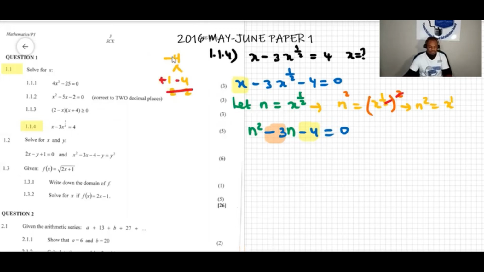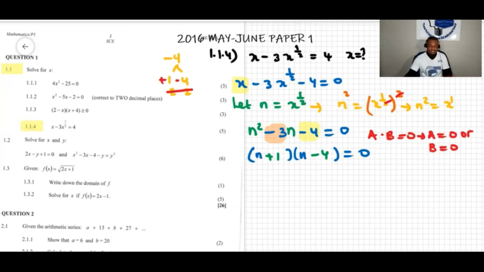Okay, so over here in the brackets, I can just write n, close bracket, n, close bracket equal to 0. Then I place in positive 1 and negative 4. So according to the multiplication property that says a times b equal to 0 implies that a is 0 or b equal to 0, I'm going to set n plus 1 equal to 0 or n minus 4 equal to 0.